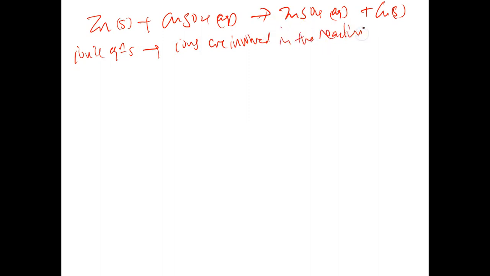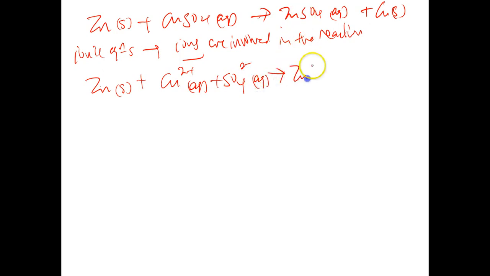The rest of the ions which are not involved are called spectator ions. Because it's an ion based equation, we must first know which compounds here can dissociate to give you ions in aqueous solution. So if we write this down, zinc solid will be zinc solid, it can't dissociate. Copper sulfate on the other hand can dissociate to give you Cu2+ (aq) plus SO4 2- (aq).